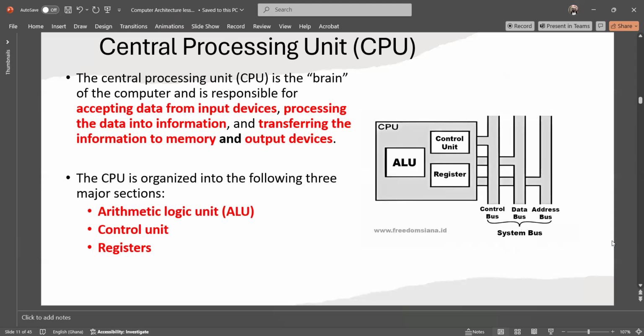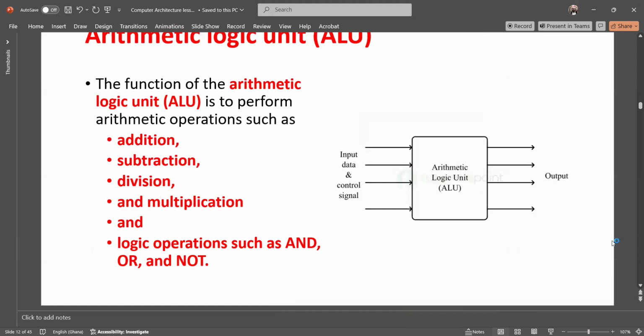The arithmetic logic unit is the unit that is in charge of all mathematical expressions and logical expressions. So if the computer needs to have a logical expression, if it gets to a place where it has to decide: do I go left or right? Should I do this or that? Should I make this decision or that decision? Is this decision more important than this?